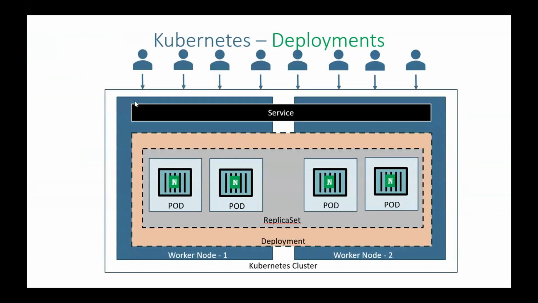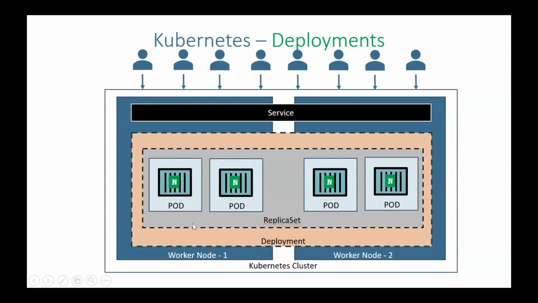So this is what a Kubernetes deployment is. If this is your Kubernetes cluster and we have one worker node, inside that worker node or even in multiple worker nodes, you can create one deployment, and other things like your replica set and pods will be part of that deployment.